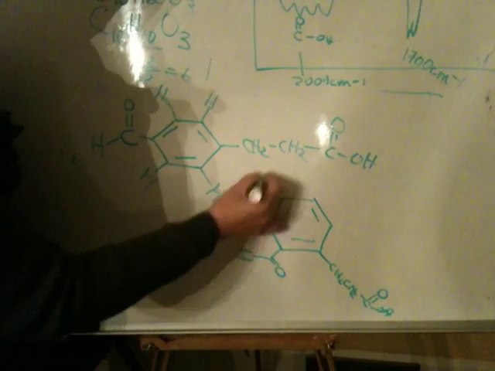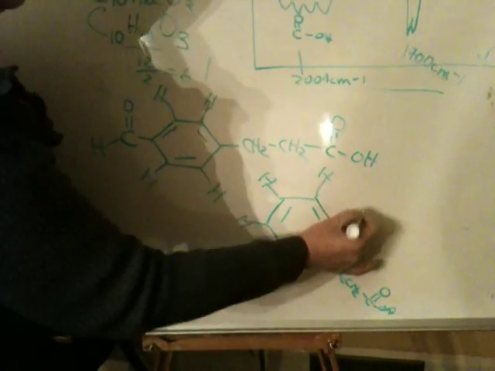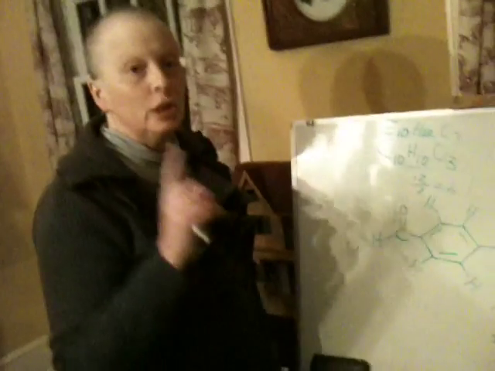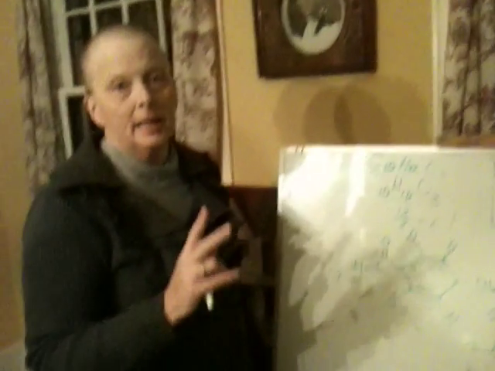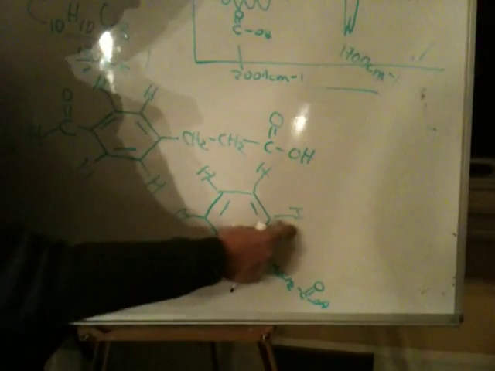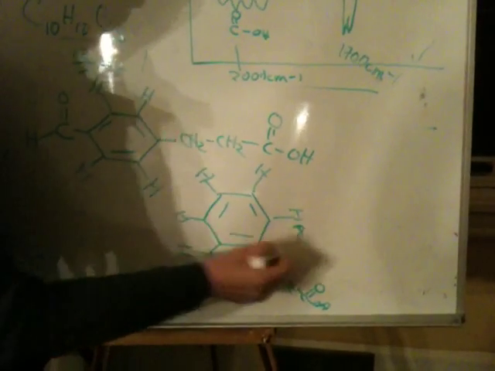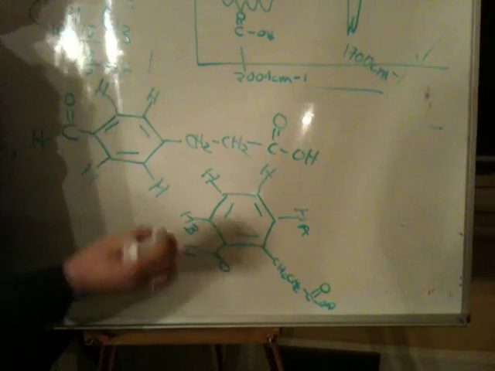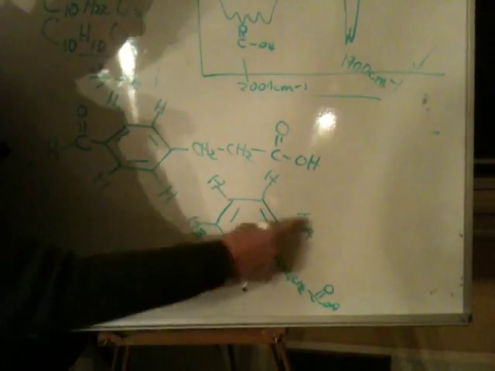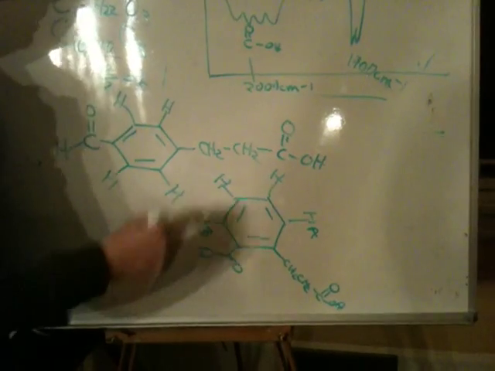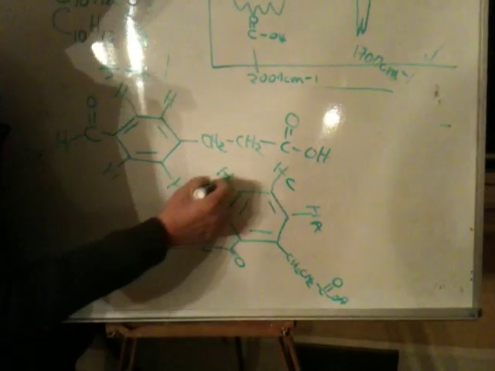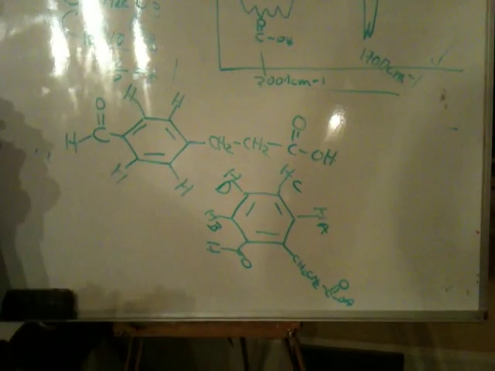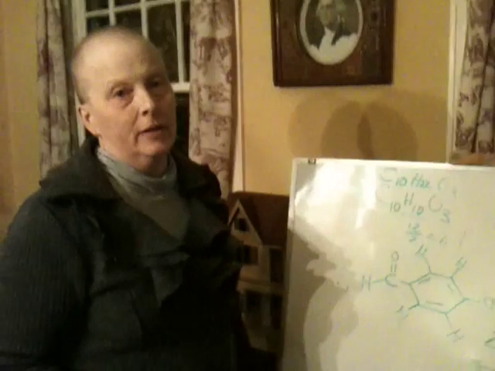H, H, H, H. This NMR said there was only 2 types of aromatic hydrogens. If you really look at this carefully, if I called this A, this hydrogen would be B, because these are not the same. They do not have the same environment. And technically, this one is also different from that one. So that would imply a much more complex aromatic region.